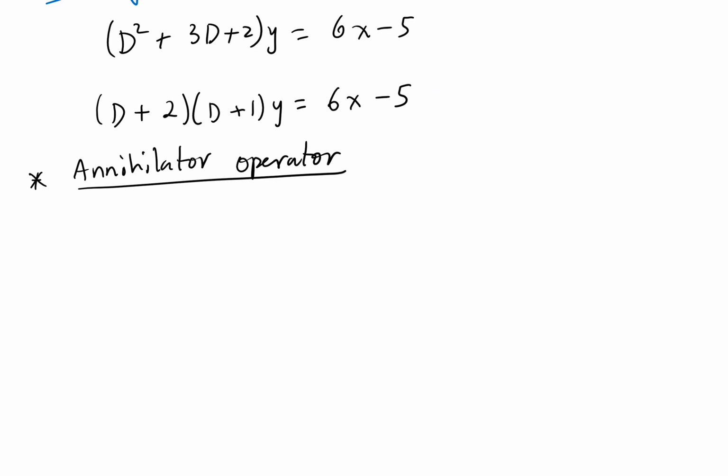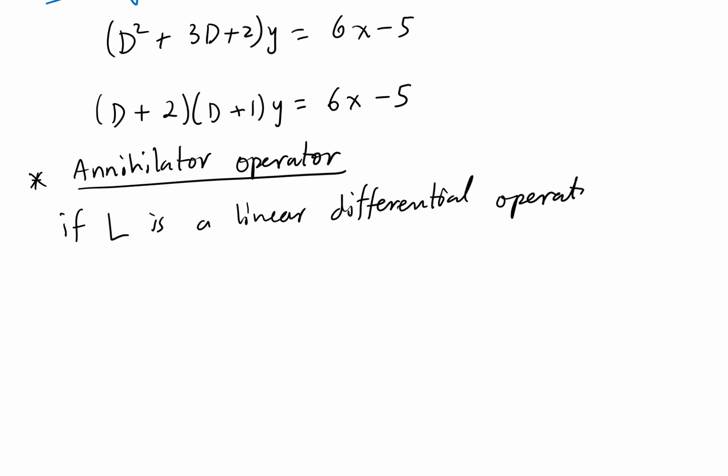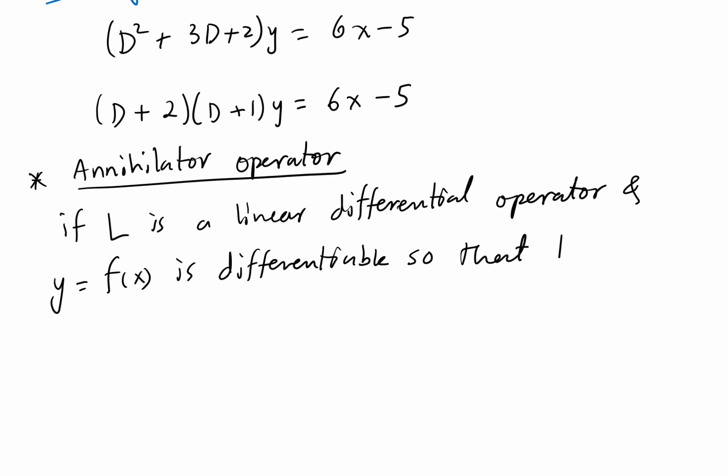If L is a linear differential operator, and y equals f of x is differentiable, so that L of y equals 0, then we say L is an annihilator of f.